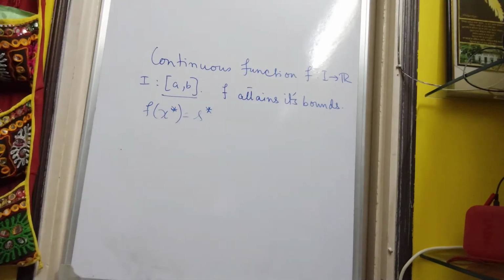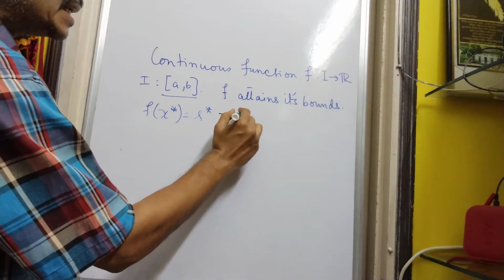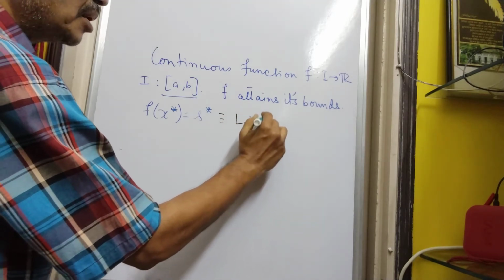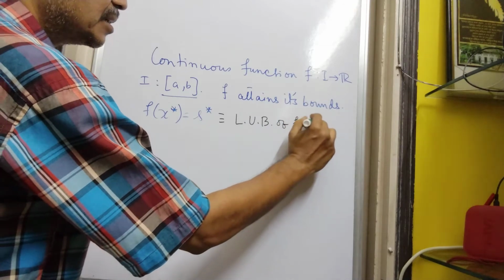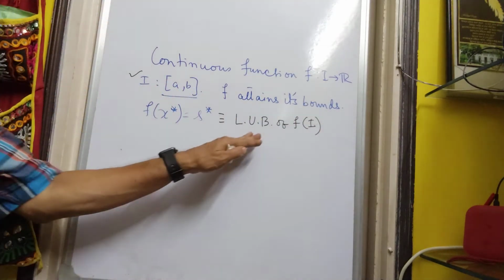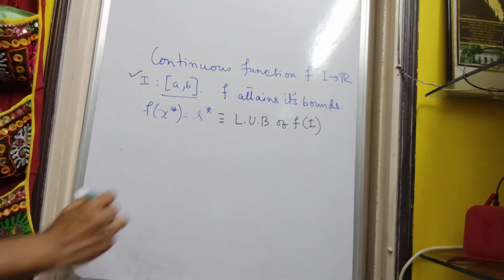Okay, so to prove this, what is S star? S star is the least upper bound of f(I), where I is this interval. Fairly reasonable. We assume that S star is the least upper bound of f(I).